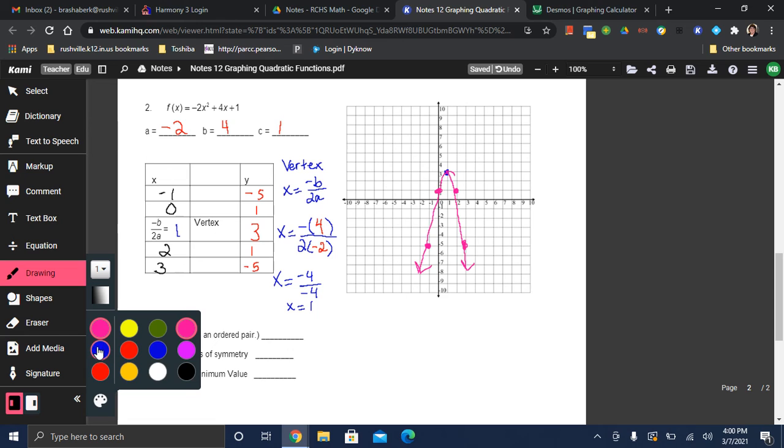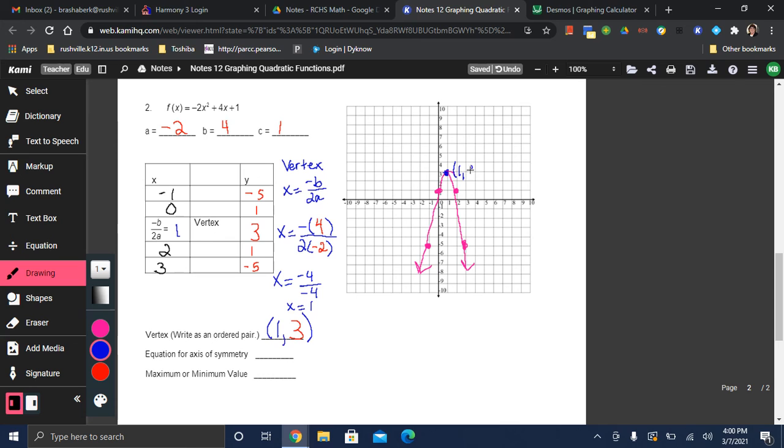We have then some questions to answer. First of all, your vertex, which is the ordered pair 1, 3. And you can see that point on the graph right here. So ordered pair 1, 3, that's your vertex. We can draw in, and we do need to do that, we need to draw in the axis of symmetry.